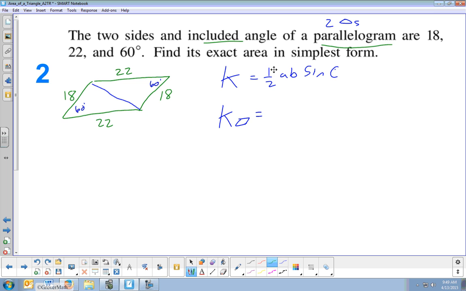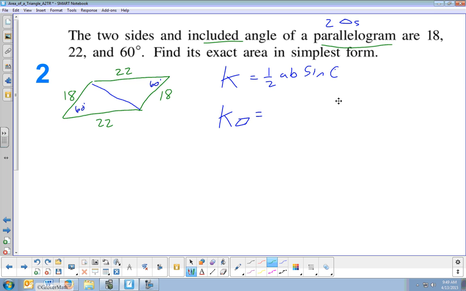I can keep it 1/2 AB sine C and then just multiply it by 2, because a parallelogram is just two triangles. Right? We see that figure here. I have the triangle here, 18, 22, 60 degrees between, and then I have the same triangle here, 18, 22, 60 degrees between.